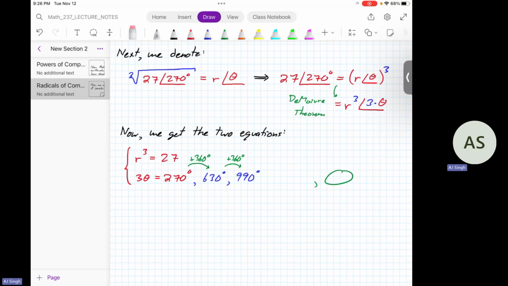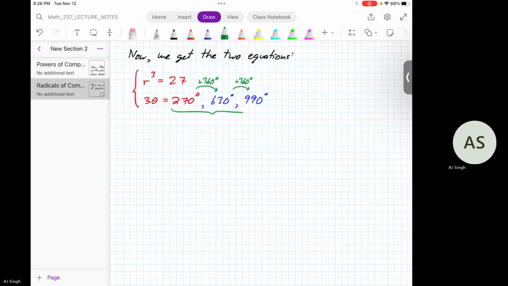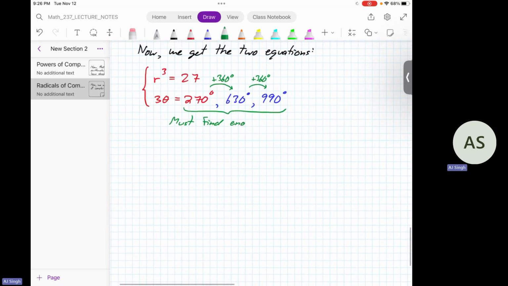And let me write that down just so we have a sentence in our notes. Maybe I'll say, must find enough coterminal angles so that the total amount of angles that we have equals the index.